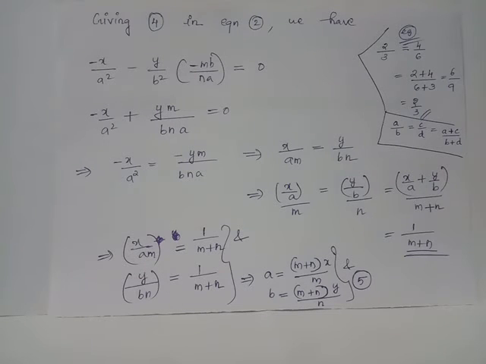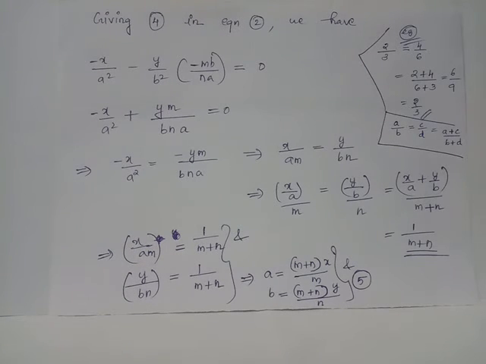By equation 1, we have x by a plus y by b equals 1, and thus this numerator can be replaced by 1. Thus we have x by am equals 1 by m plus n and y by bn also equals 1 by m plus n. From these two relations, we will find expressions for parameters a and b. We have a equals m plus n multiplied to x divided by m, and b equals m plus n multiplied to y divided by n.